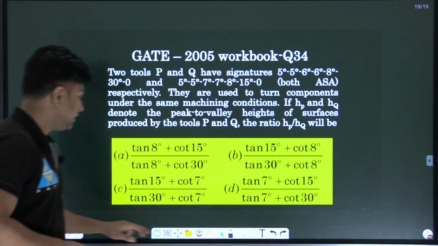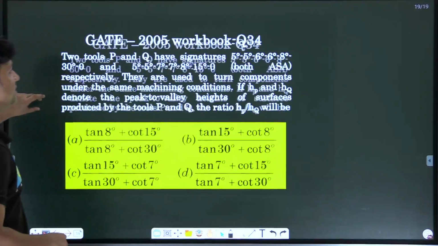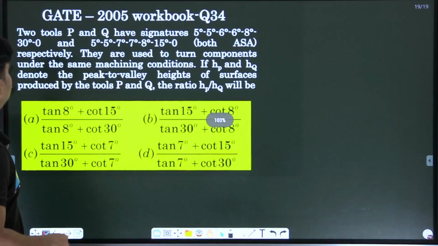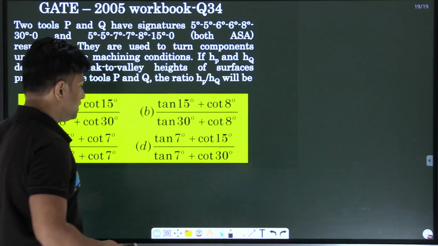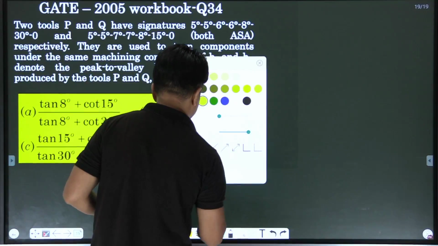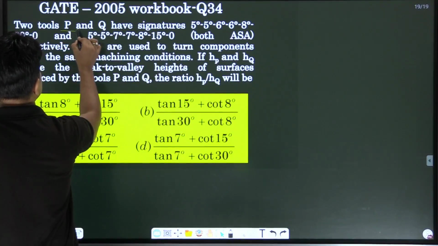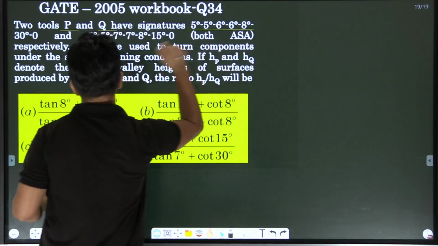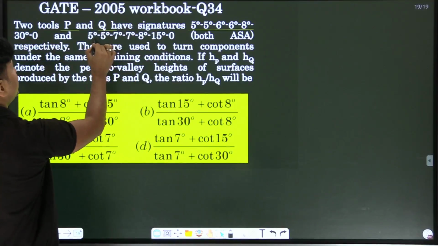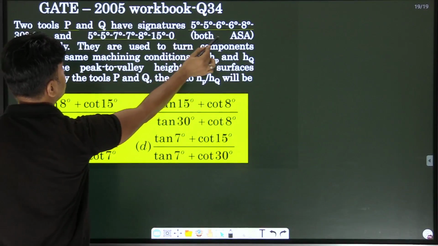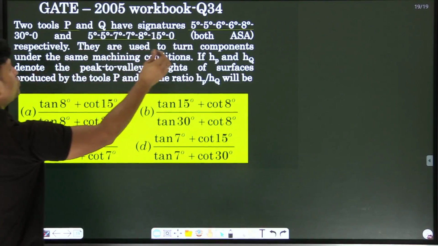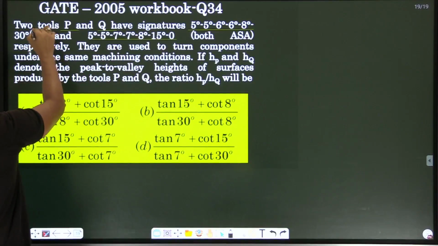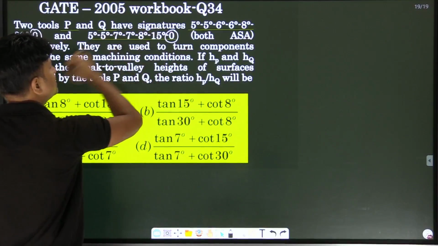Now there is a question in GATE 2005. There are two tools, tool P and tool Q, whose signatures are given according to ASA, and whose tool radius is 0.